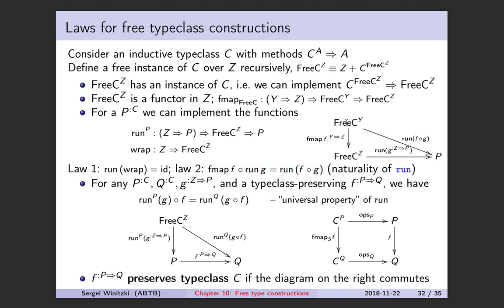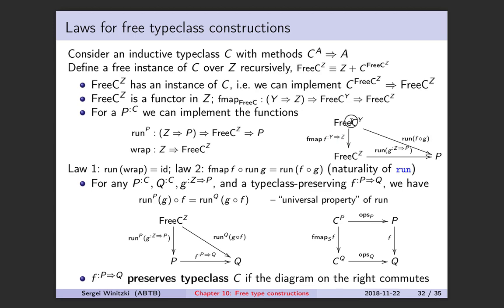Here's a type diagram. So you start with a free instance of C over y. You can transform it into a free C over z using the fmap function, fmap of f, where f is an arbitrary transformation y to z.